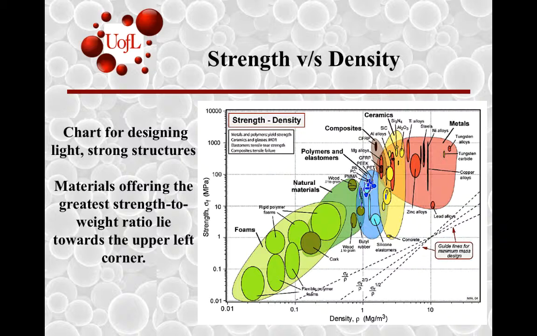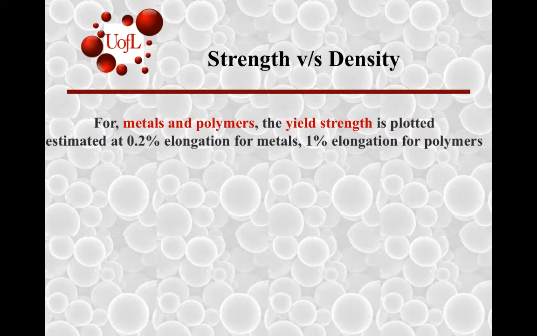And so it will be possible to apply the same kinds of constraints and material selection rules along with the ANSYS package. So basically you have a situation where materials offering the greatest strength to weight ratio lie towards the upper left corner. Some things to look at.